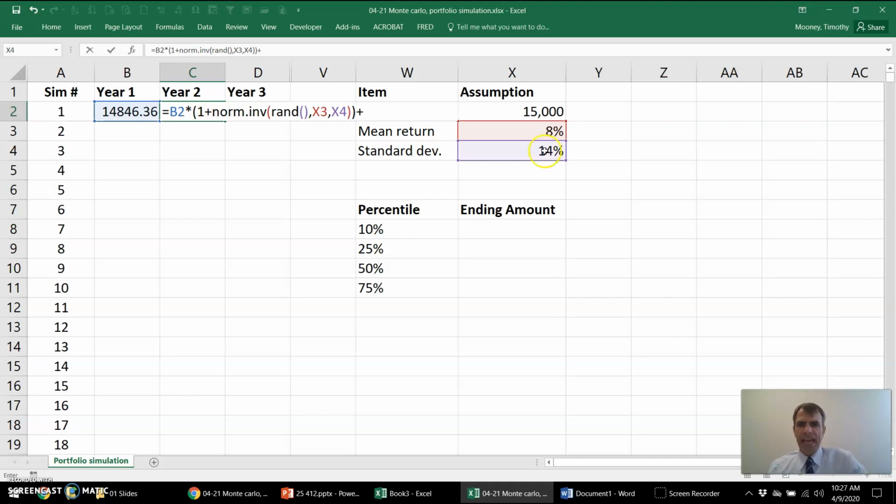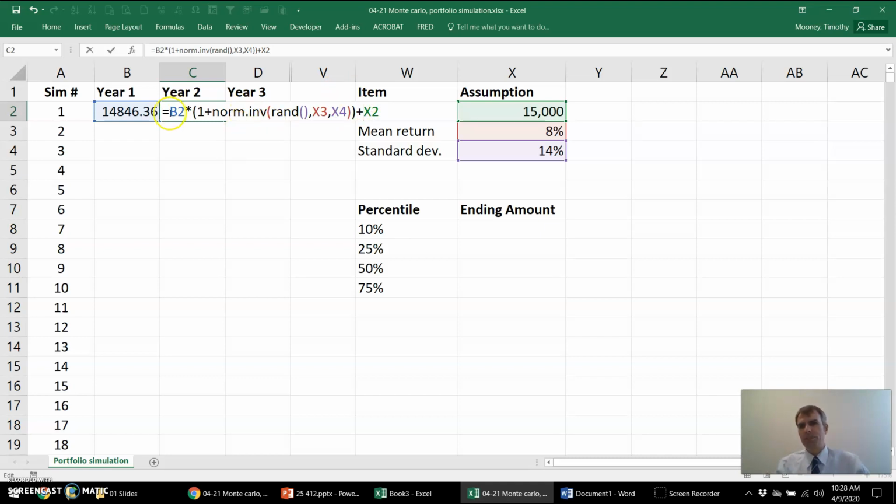And then let's assume going forward we add the payment at the end of the period. Does that make sense? So we'll assume that the previous year's account balance grows at a rate of 8% per year on average, with the standard deviation of 14%. And then at the end of the year, we add $15,000. It's just an assumption of the model.